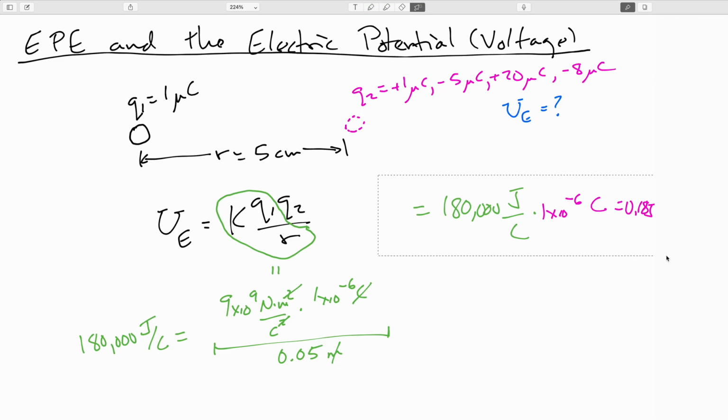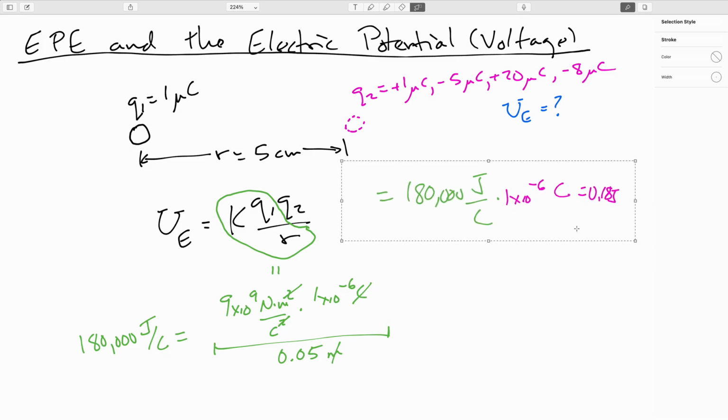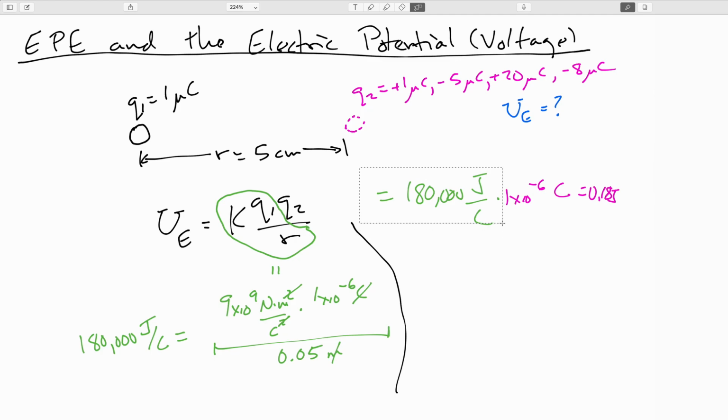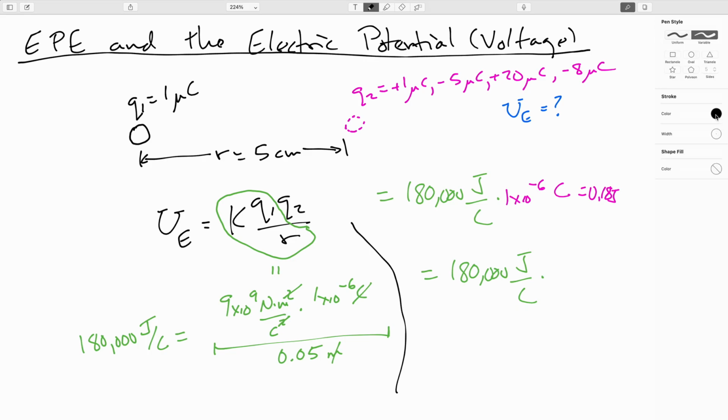And then similarly, you could have done the other charges by just multiplying this exact same number by whatever charge you cared about. So for the next one, for instance, you would have multiplied it by negative 5 times 10 to the minus 6 coulombs, and you would have gotten negative 0.9 joules.